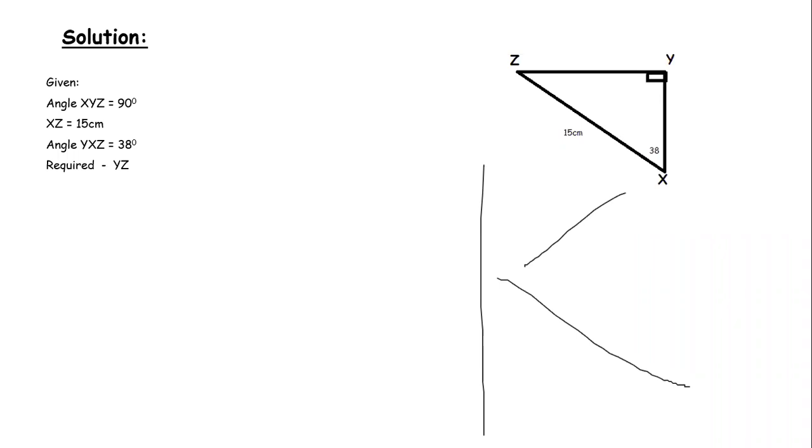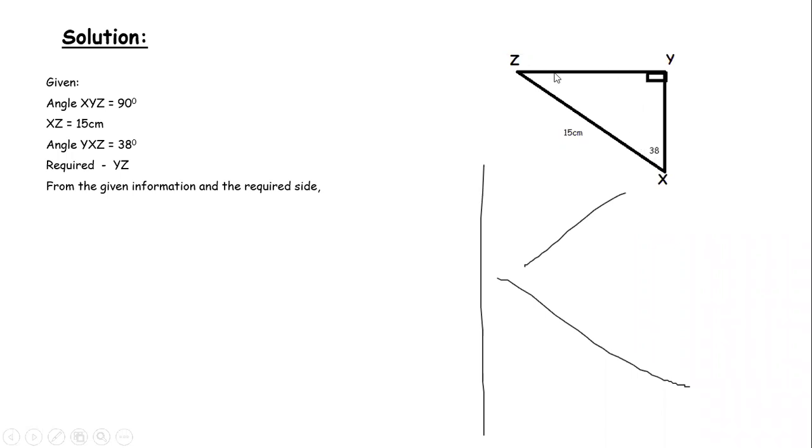Now, if we look at the angle we are given in relation to the side we want to find, you will discover that YZ, which is this line, if you can see my cursor, is facing the known angle.